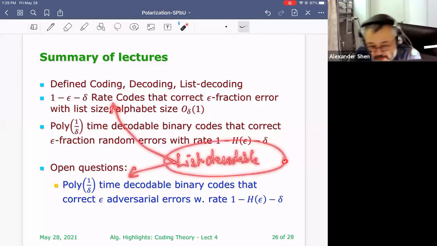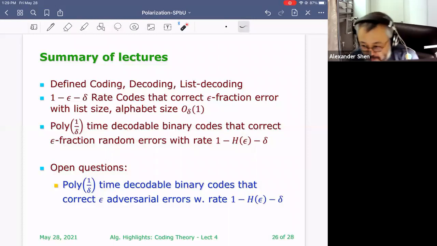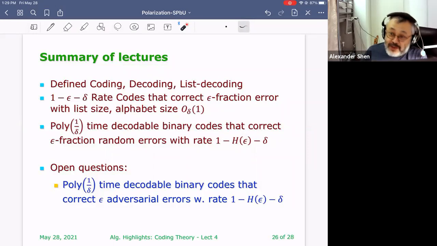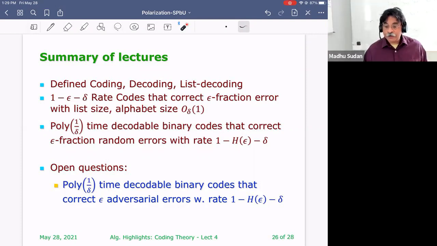And if you have this open question resolved positively, then from that you can get decoding of random errors by just adding a hash to list decoding. That's right, you could do that exactly. And actually, it may be even easier, in the sense that you will get a bunch of things, but the probability that some other codeword will map to inside the ball will be very low.